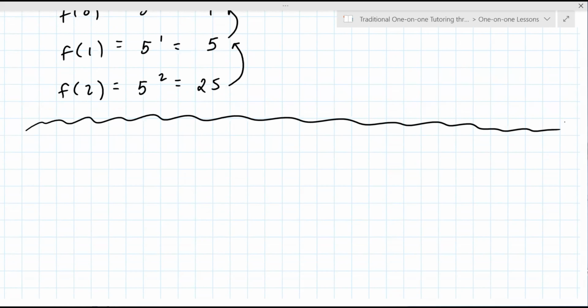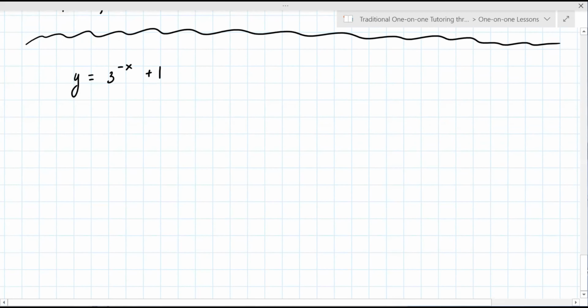One of the things we haven't covered yet, and I do think we should, is this: let's say I give you a graph of something you haven't quite seen before, like 3 to the minus x plus 1, because this could be a test question, believe it or not. What I want to focus on is this part right here.